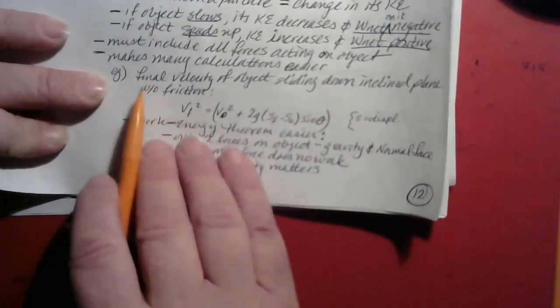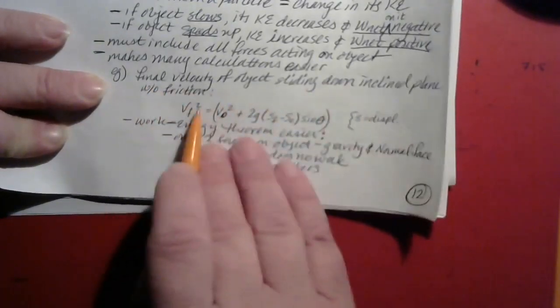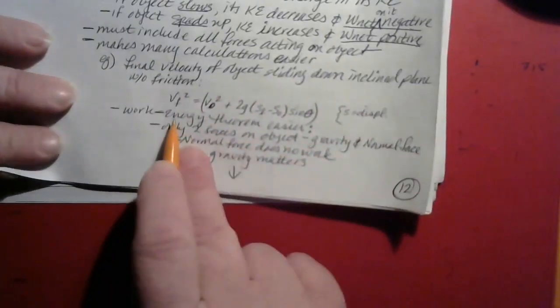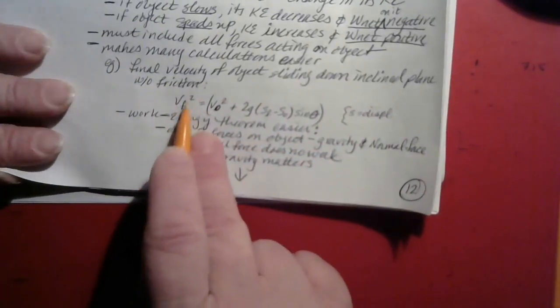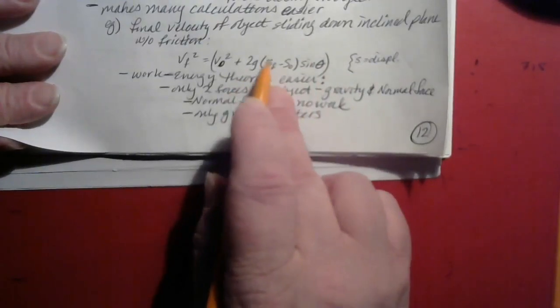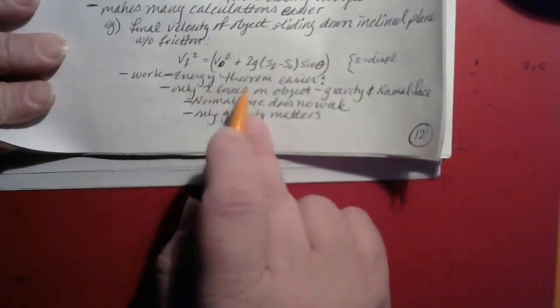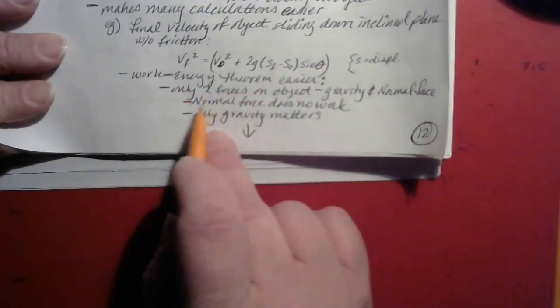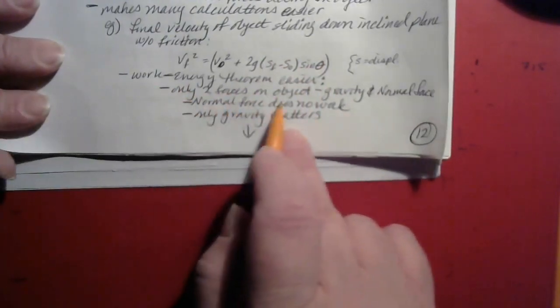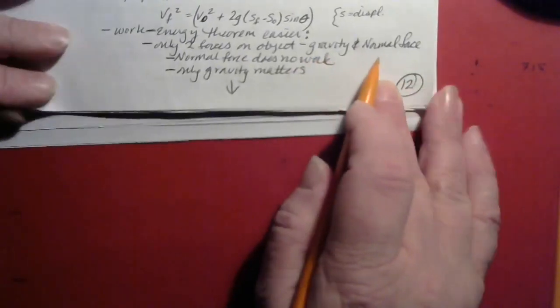One example where it does make things generally easier is finding the final velocity of an object sliding down an inclined plane with no friction. You could use the kinematic equation where the final velocity squared is equal to the original velocity squared plus 2g times the final location minus the initial location times sine of theta. Or you could use the work energy theorem, and that's a little bit easier because there are only two forces acting on the object in this situation, and that would be gravity and the normal force.